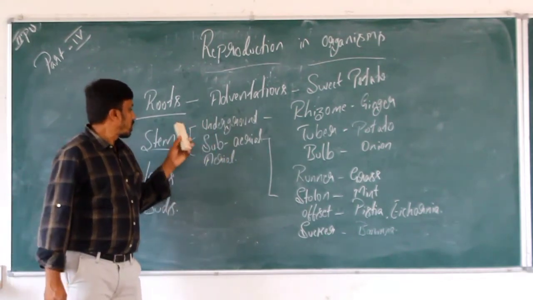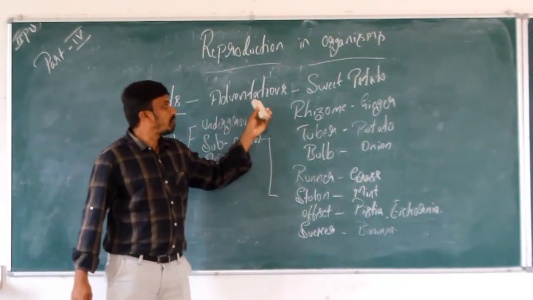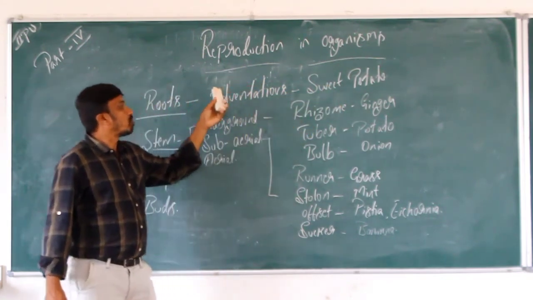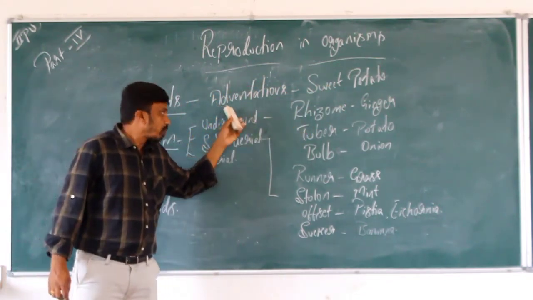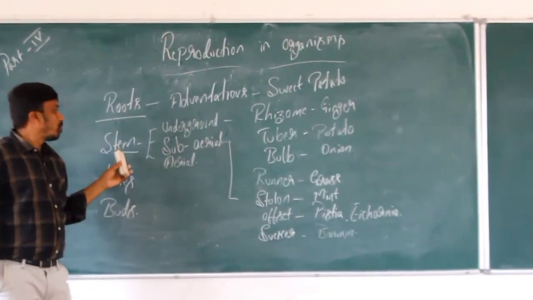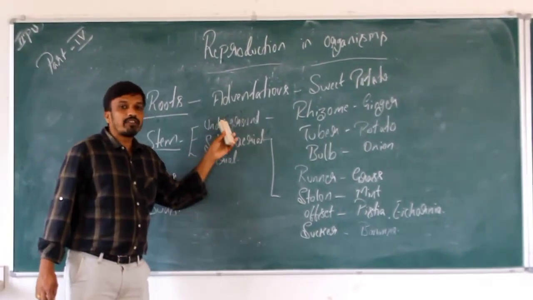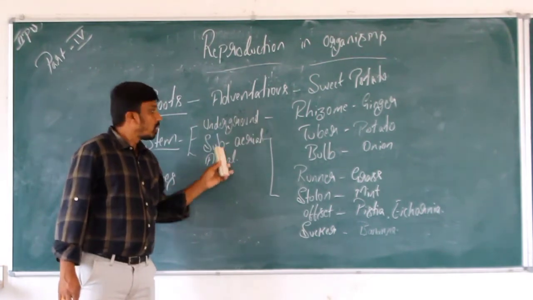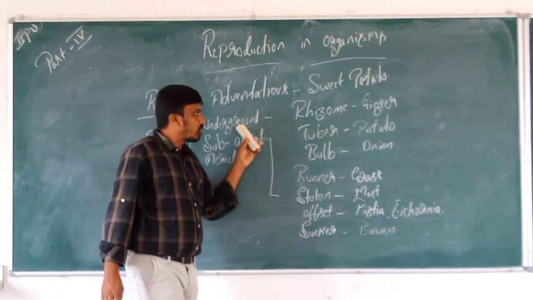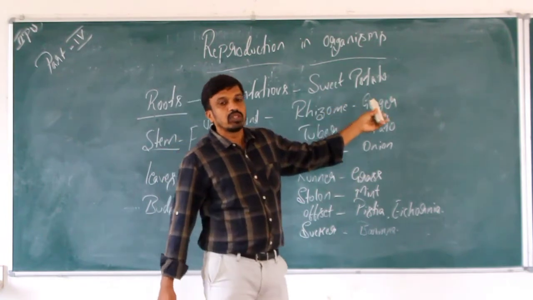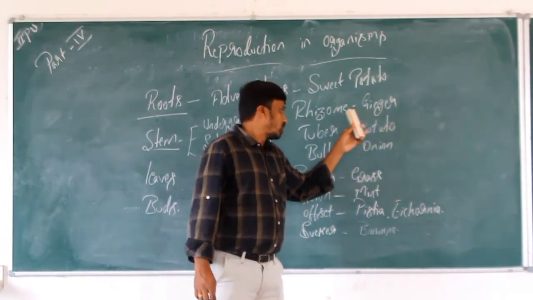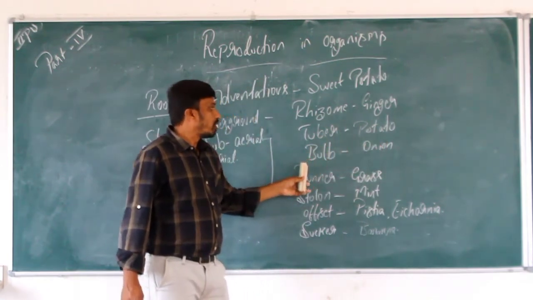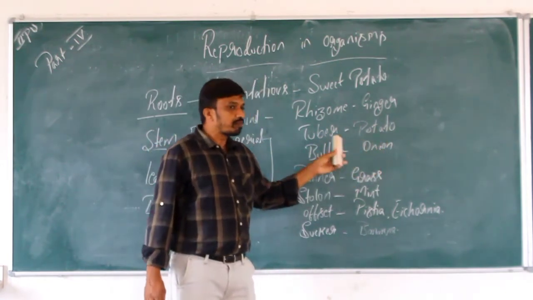From the root, it is sweet potato, a plant which reproduces vegetatively by root. Coming to the stem, there are 3 types: underground, subaerial, aerial. Underground stem modification: rhizome, example ginger; tuber, example potato; bulb, example onion.